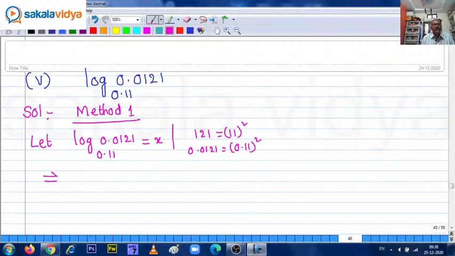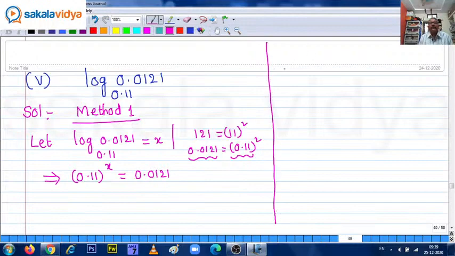Now we can write 0.11 to the power of x is equal to 0.0121. So 0.0121 can be replaced by 0.11 square. So now 0.11 whole to the power of x is equal to 0.11 whole square.